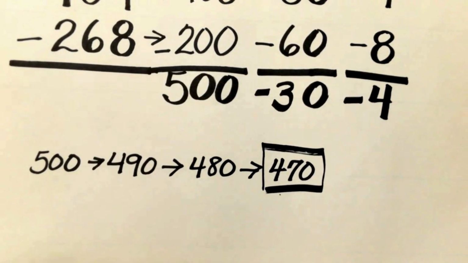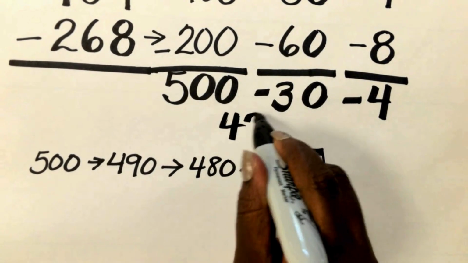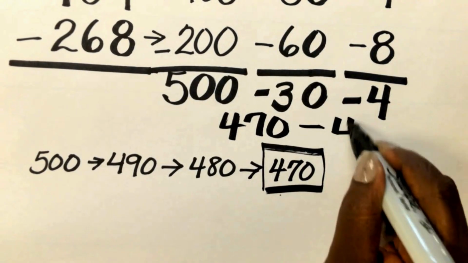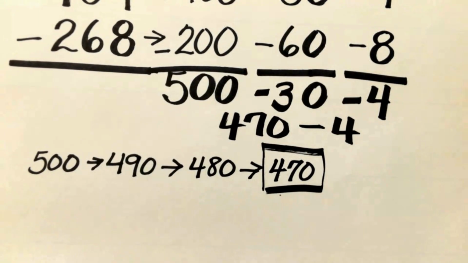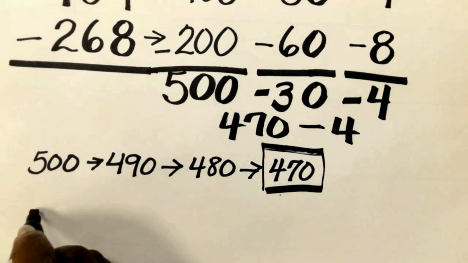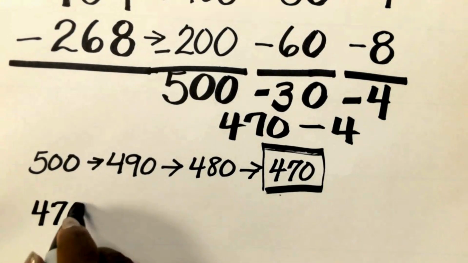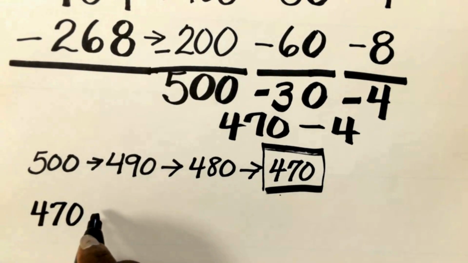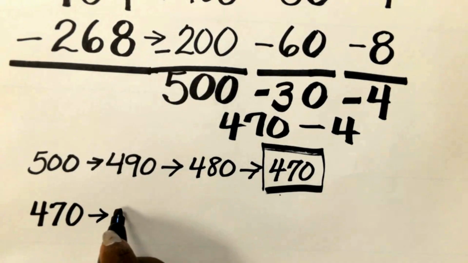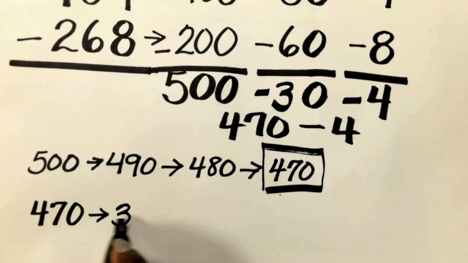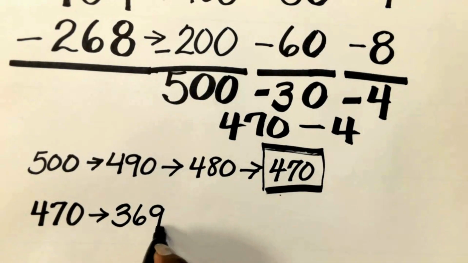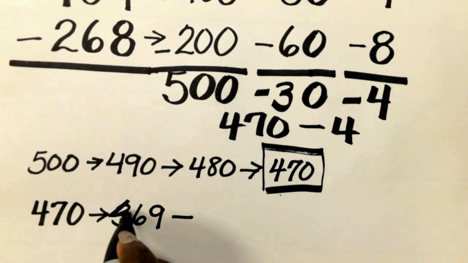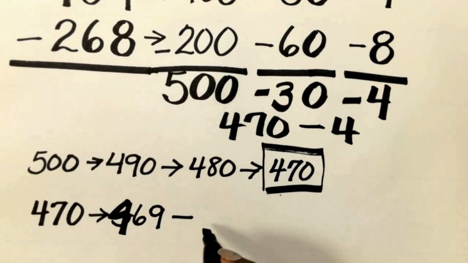So now I'm at 470. 470 minus 4. Oh, so I count back 4. I have 470. Count back 4, so I've got to count by ones. What comes before 470? 369. No, it's not 369. It's 469, silly. 469, yes.